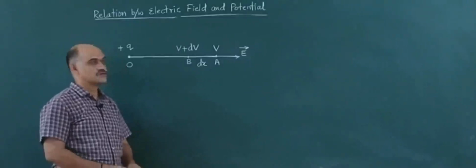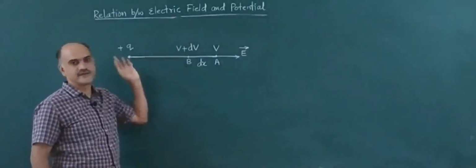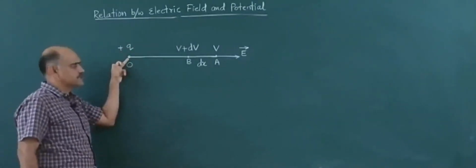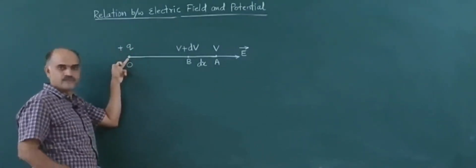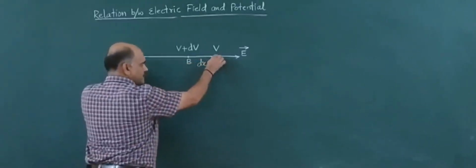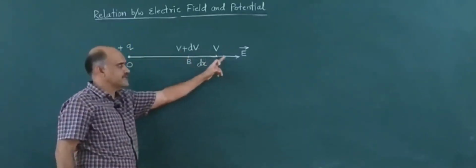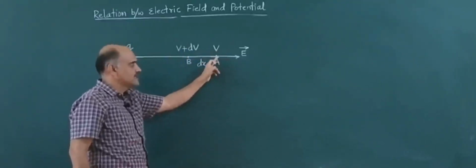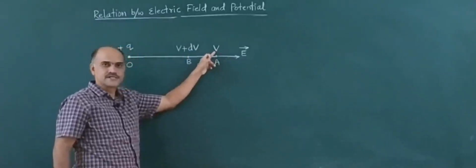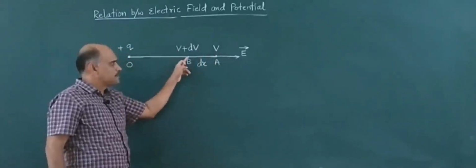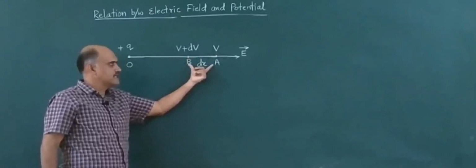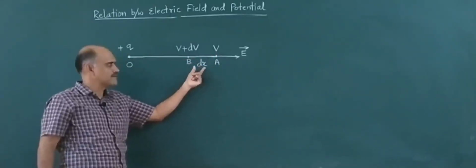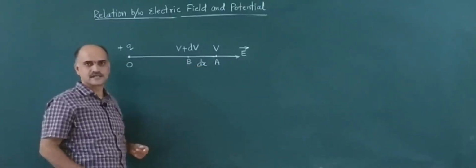Now students, we will see the relation between electric field and potential. So there is a charge plus Q at point O. A is a point where electric field is E and potential is V. B is a point very near to A, separated by a very small distance dx.